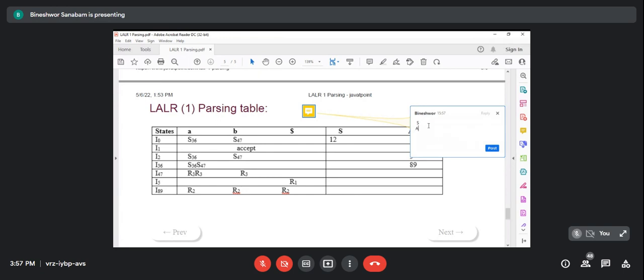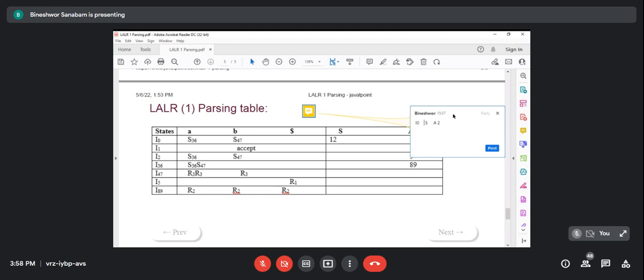In place of A, it must be 2 for the first column. First column, there is the I node. In the I node, the left hand side has S36, then S47. Then in the right hand side, S and A, S should be left blank, and A must have 2. Everyone got the same answer?